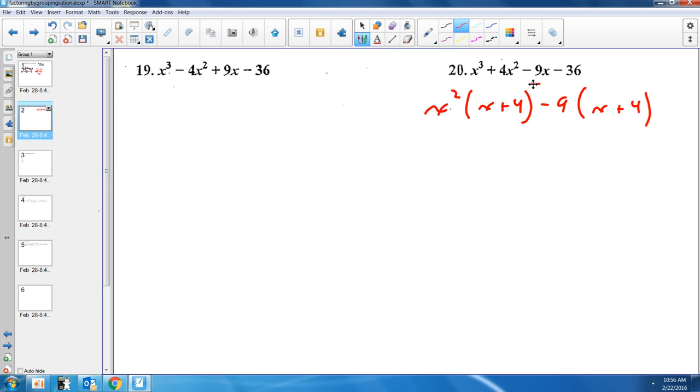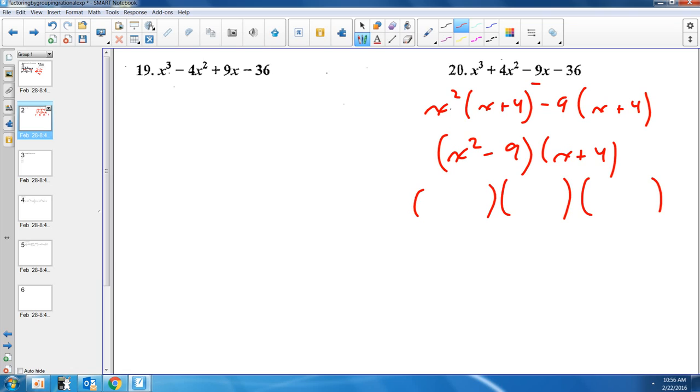And then since they're both times x plus 4, you can take x squared minus 9 times x plus 4. And then this x squared minus 9 can get broken down into one more set of factors because it's a difference of squares. And so then you would stop right there.